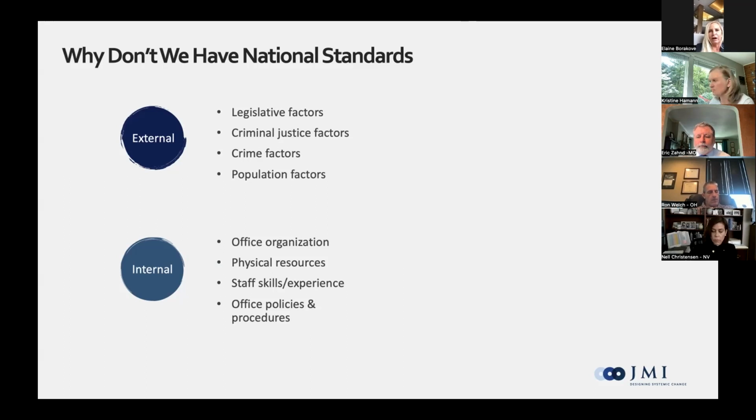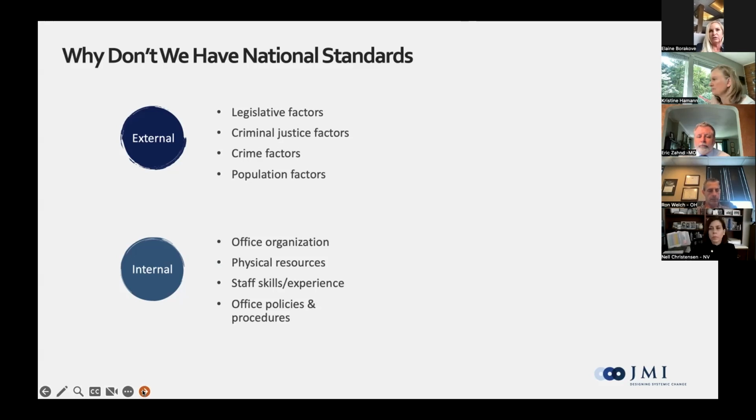And by hybrid, I mean it starts out kind of horizontally and then it gets assigned to a specialized unit to go through the trial preparation, the pretrial stage and trial stage. So that will impact not only the caseload, but the workload, as well as physical resources. Do you have access to support, access to technology? Those are also things that vary from office to office, with larger offices sometimes being more well-resourced than, say, smaller offices in rural communities.